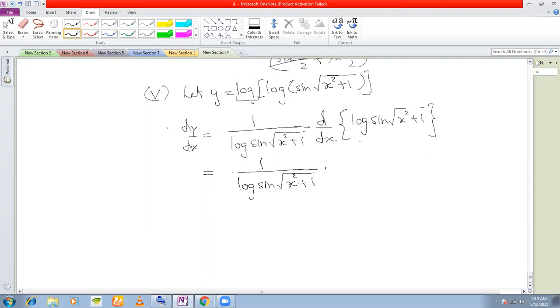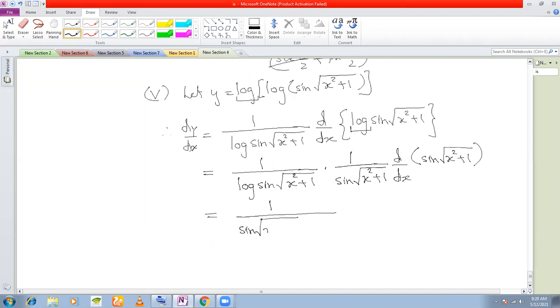You differentiate this log, so you get 1 by sin root x square plus 1 into the d/dx of sin root x square plus 1, right? So what you get here is 1 by sin root x square plus 1 log sin root x square plus 1, okay, into d/dx of sin root x square plus 1.